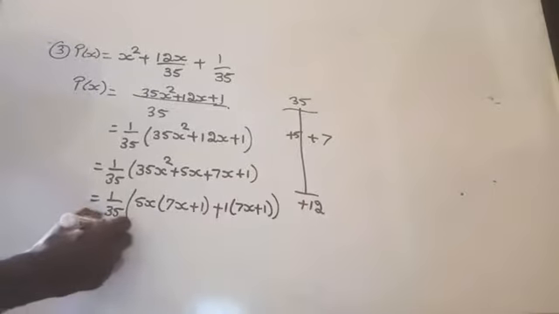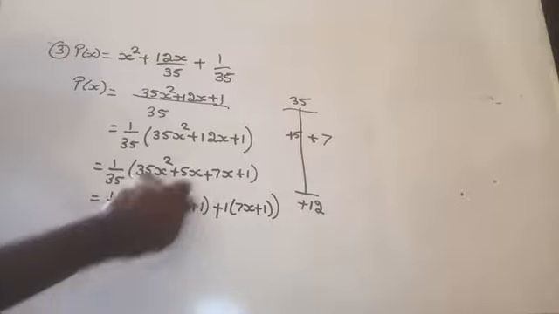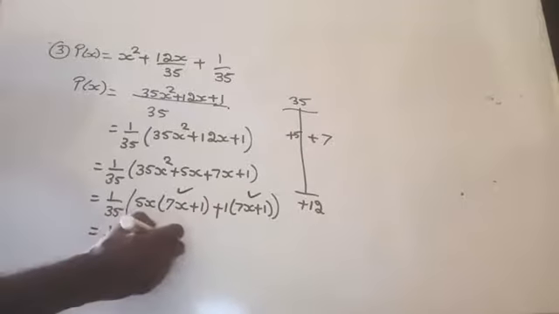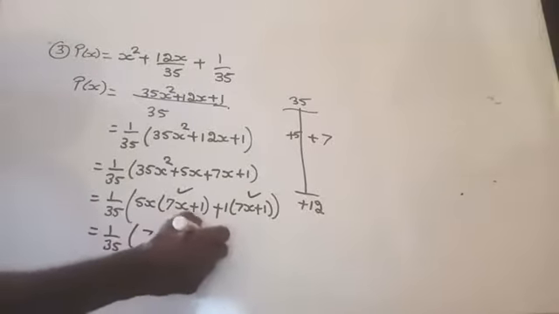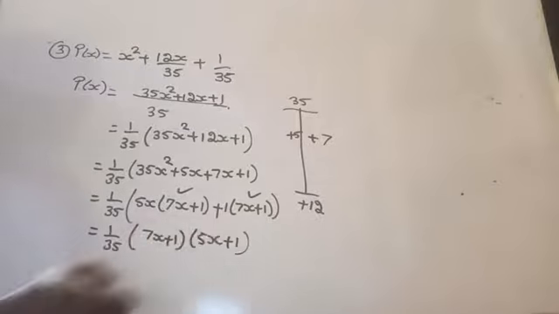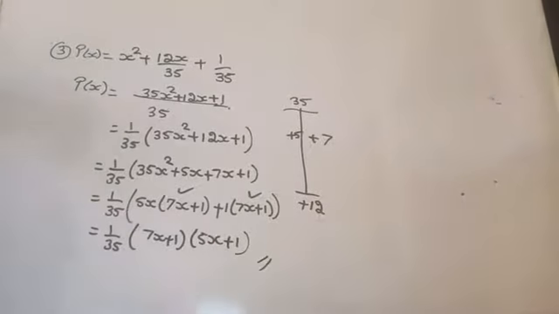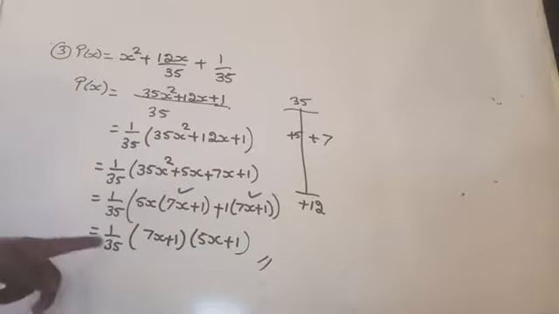That means 1 by 35 into, take 7x plus 1 common outside, 7x plus 1 into 5x plus 1. Am I right? So which are the required factors for the given polynomial. If you want, you can divide 35 inside, otherwise you can leave it. Am I right here? Yes.